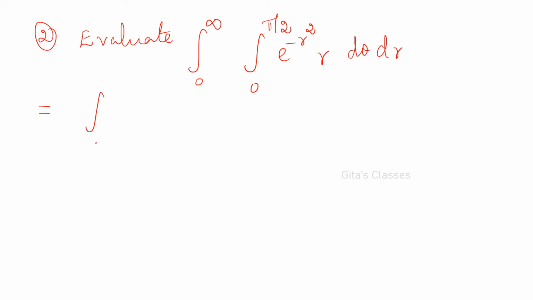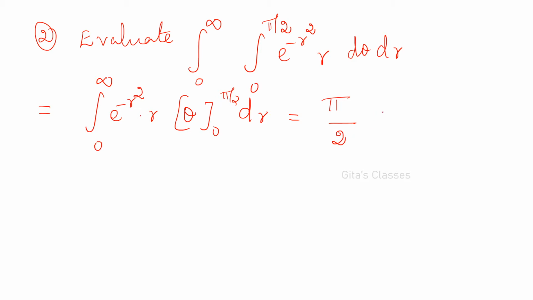So integral 0 to infinity e power minus r squared into r into, theta, all are independent, so theta from 0 to pi by 2 into dr. So minus 0, theta is equal to pi by 2, right? So pi by 2 minus 0, right? Pi by 2 into integral 0 to infinity e power minus r squared into r into dr.